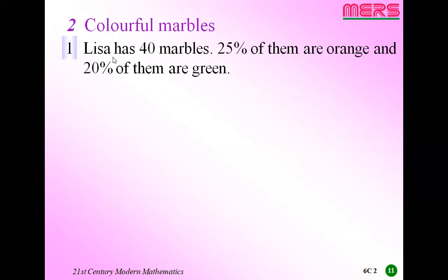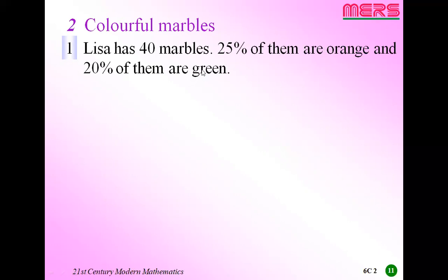In the question, it tells us that Lisa has 40 marbles, and 25% of them are orange, and 20% of them are green. Okay? So as usual, they're asking you how many marbles are orange and how many are green, right?